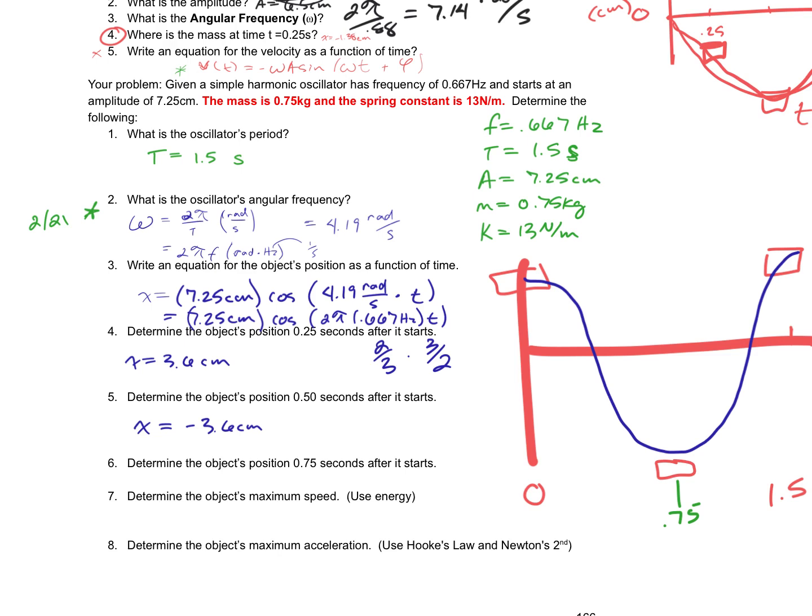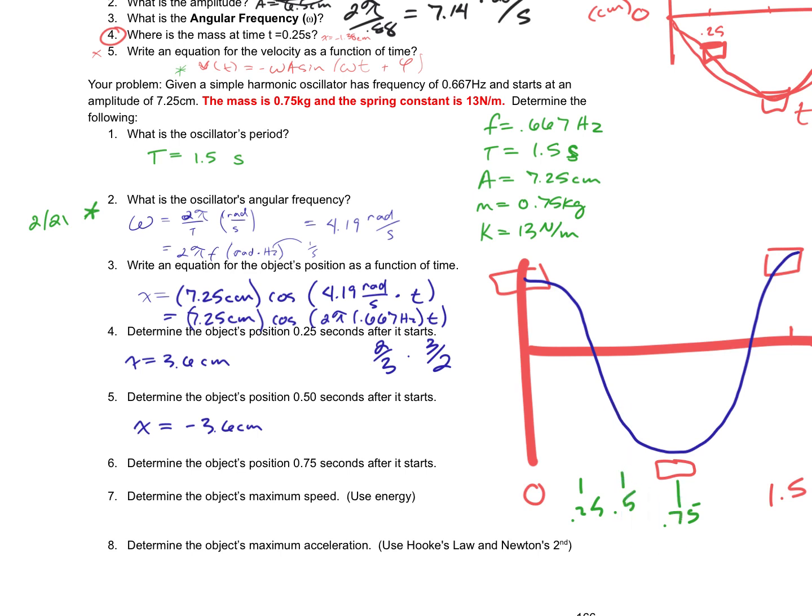And then this could be split into thirds, 0.25, 0.5. And so the question is, at 0.25 seconds, where is the object? It's at roughly half of the positive amplitude. And then at the 0.5 mark, it's at roughly half of the negative amplitude.